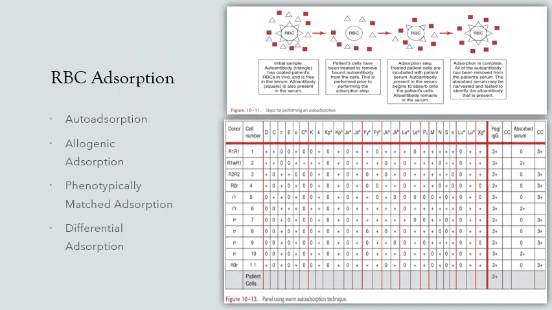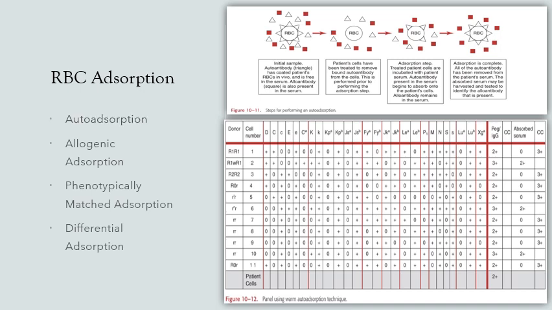There are types of RBC adsorption. So first is the autoadsorption, allogenic adsorption, phenotypically matched adsorption, and the differential adsorption. So when there is presence of autoantibodies, RBC adsorption is used to detect clinically significant antibodies.